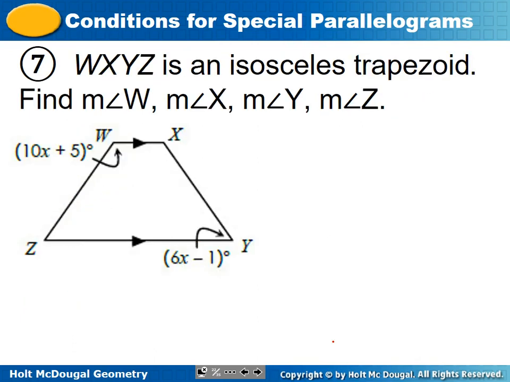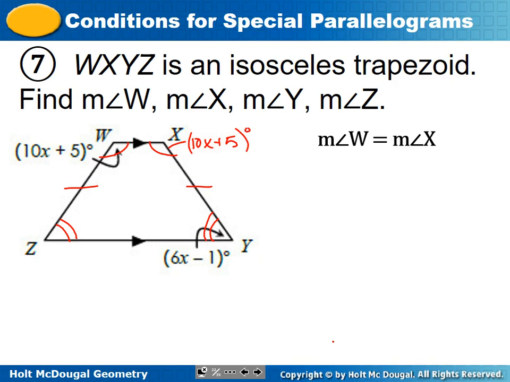All right, number 7. This one again says it's an isosceles trapezoid, so we know this is true. The base angles are congruent and the opposite sides are congruent. So this time I need to solve for X and then plug X back in, obviously. So what I notice here is that W and X are congruent, which means that I could put this 10x plus 5 over here.